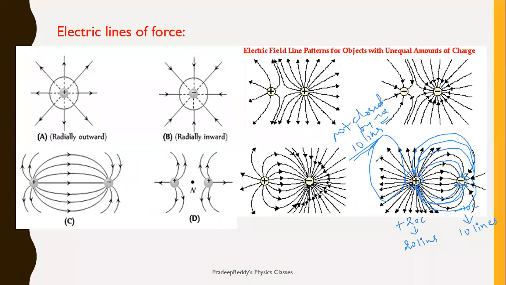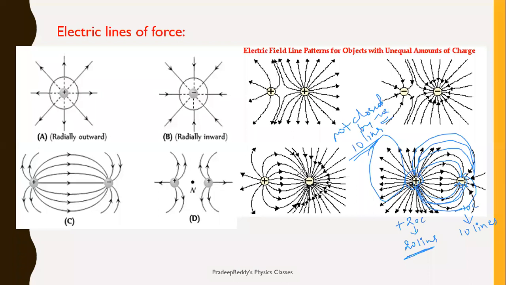They extend outward, but they do not end, because they do not have any ending point, since 20 lines originate from this positive charge. Clear? So that is how you can draw field lines from positive and negative charges depending on their magnitude.